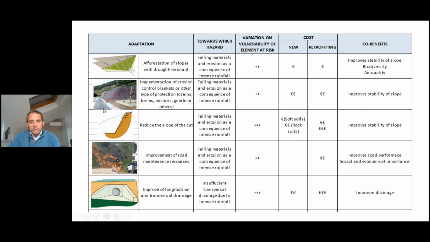So we are on the way to incorporate this into the system, to evaluate and model how these adaptation options may decrease the risk in this type of infrastructure.